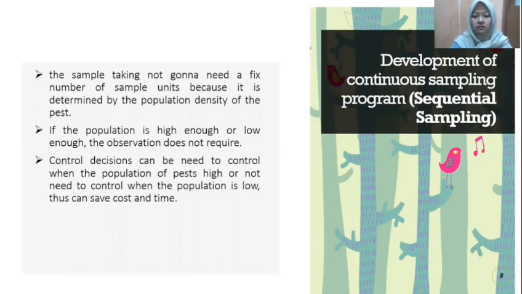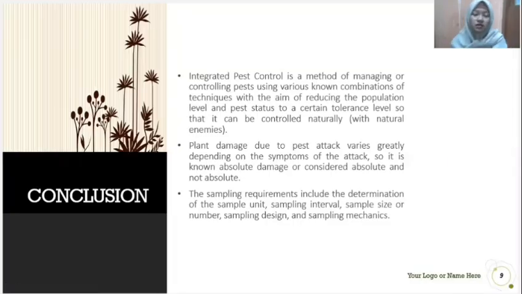Next. The conclusion of our presentation today: integrated pest management is a method of managing or controlling pests using various combinations of techniques with the aim of reducing the population level and pest status to a certain tolerance level so that it can be controlled naturally with natural enemies.